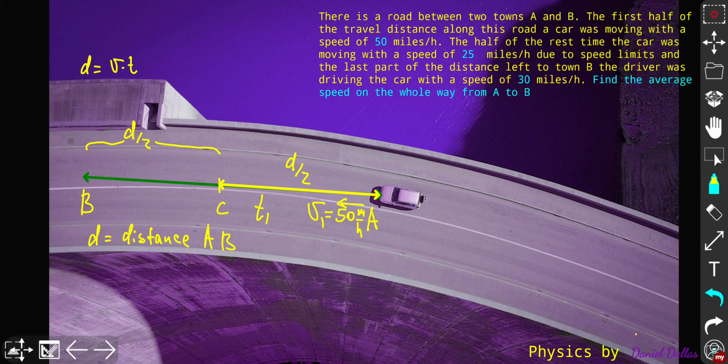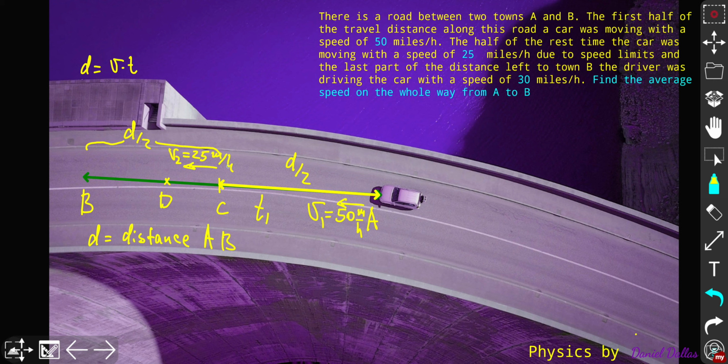But we have different time intervals within which the speed was different as well. So let's set up some point, and let's say point D, where the car was traveling with the speed V2, which is simply 25 miles per hour.